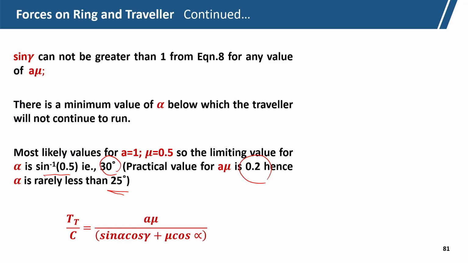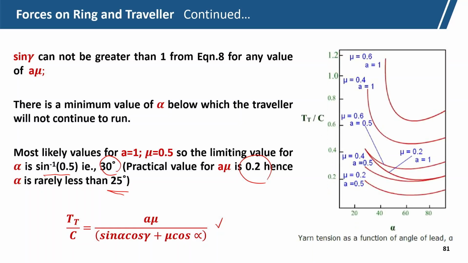So, T t by C equal to a mu sin alpha cos gamma plus mu cos alpha, that we have already derived. So, from here we can see how T t by C changes with alpha. How is it changing?